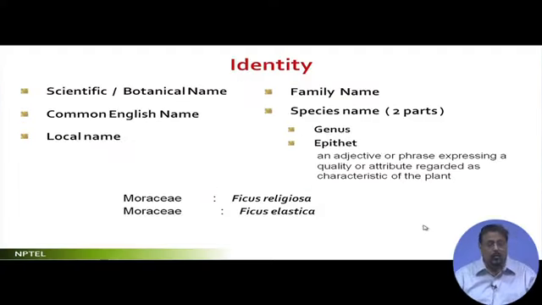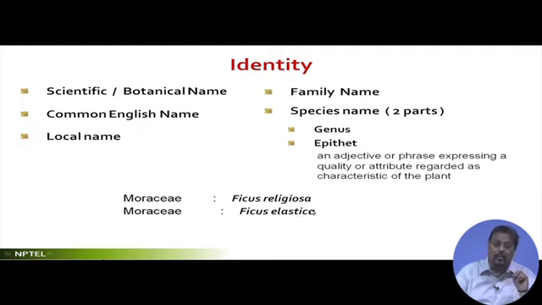Let me compare these two. Ficus is the genus of that particular plant; it is common to both plants. The species name has two parts: Ficus is one part and religiosa is the other. Ficus is one part and elastica is the other. They belong to the same family.